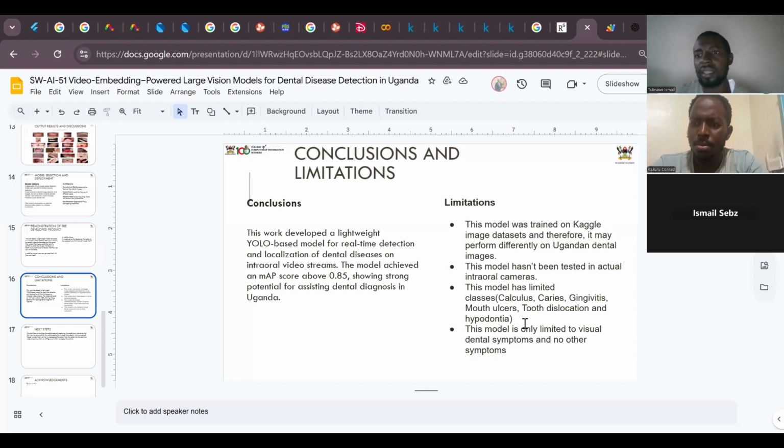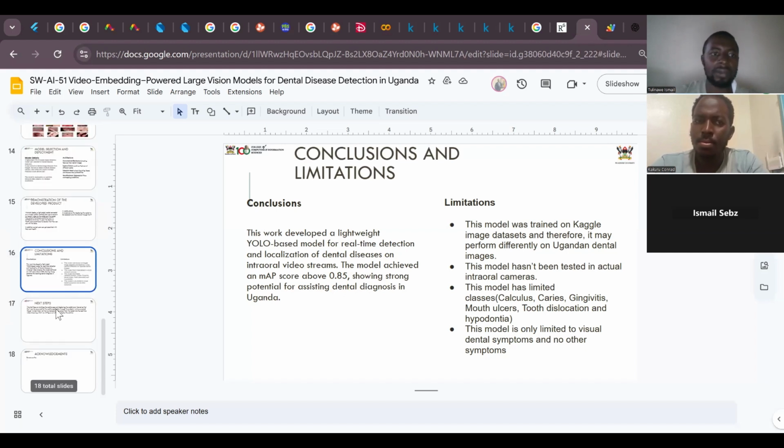So things like when did this start? How has it been treating you? Is it aching or what? This model doesn't do that. It basically looks at the current visual appearance of the tooth or the mouth to give you the classification.